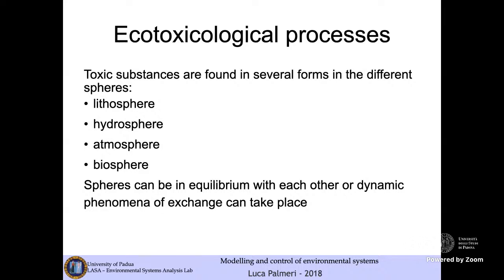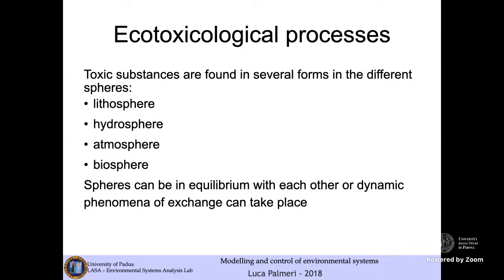We said that we may introduce four different spheres or ecospheres: the lithosphere, the hydrosphere, the atmosphere, and the biosphere. We said that spheres can be in equilibrium with each other, or most probably, we may describe situations of dynamic phenomena of exchange of substances.